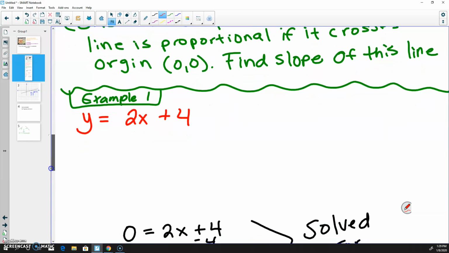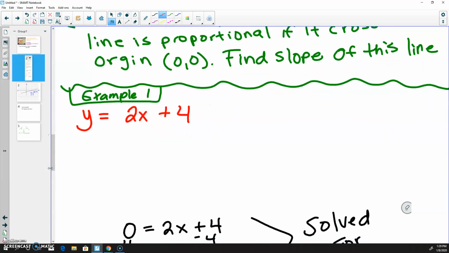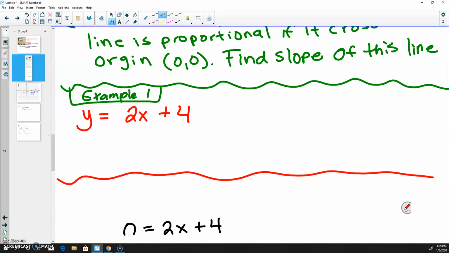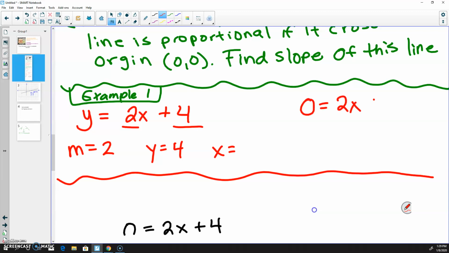Okay, we're going to do example 1. With example 1, they want you to find m, x, and y. So your m is right here, and your y is right here. To find x, we have to plug in 0 for y, so you have 0 equals 2x plus 4.